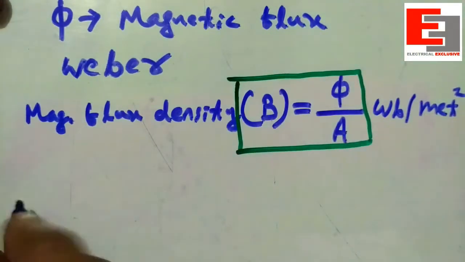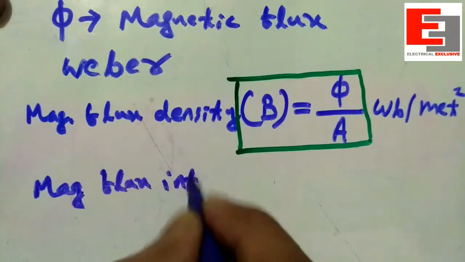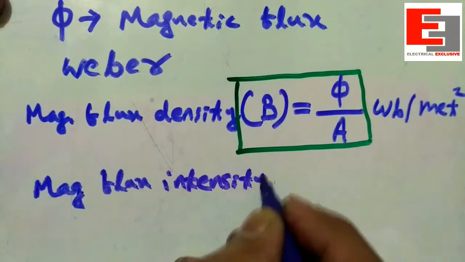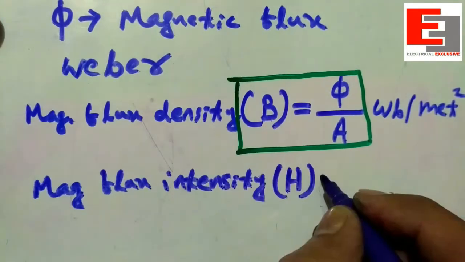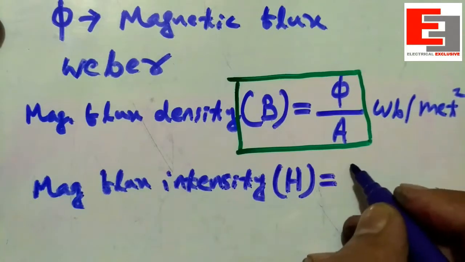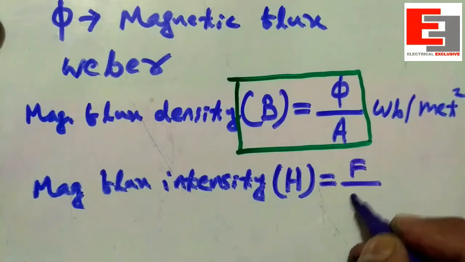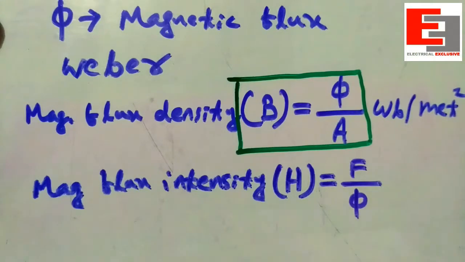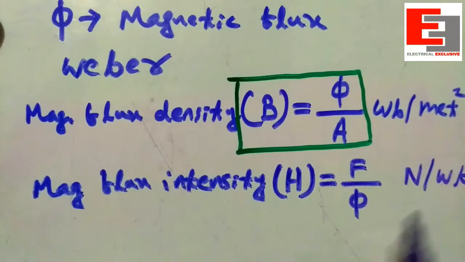Now we shall find out magnetic flux intensity, which is denoted as H, which is equal to force divided by the flux, that is magnetic flux. So the unit will be Newton per Weber.